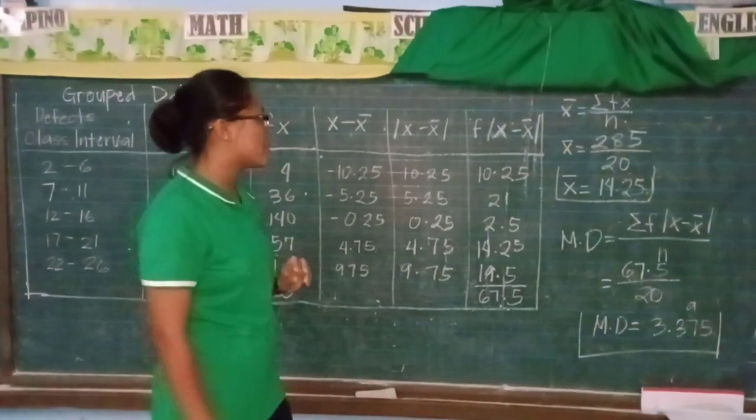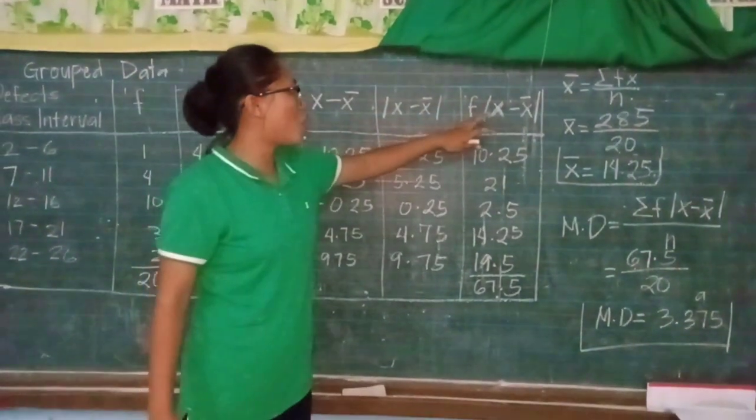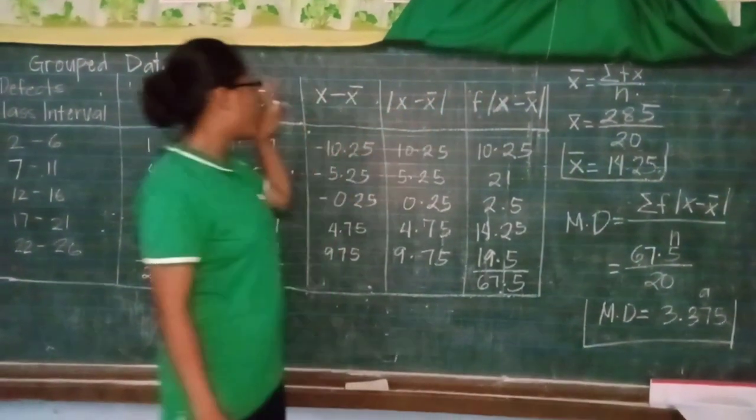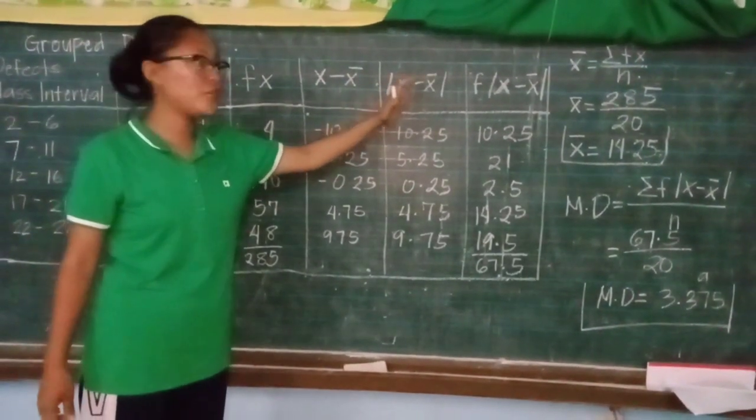And for our last column, we will multiply our f to our absolute value of x minus mean.